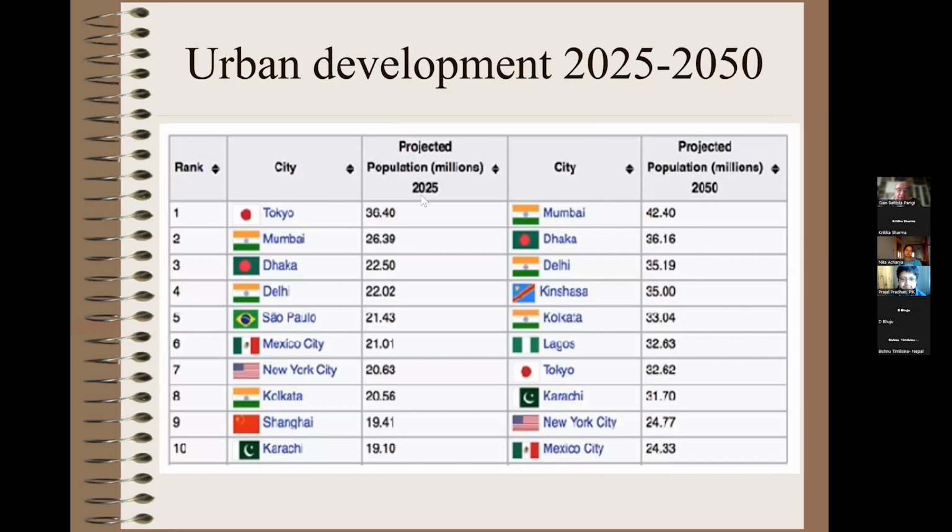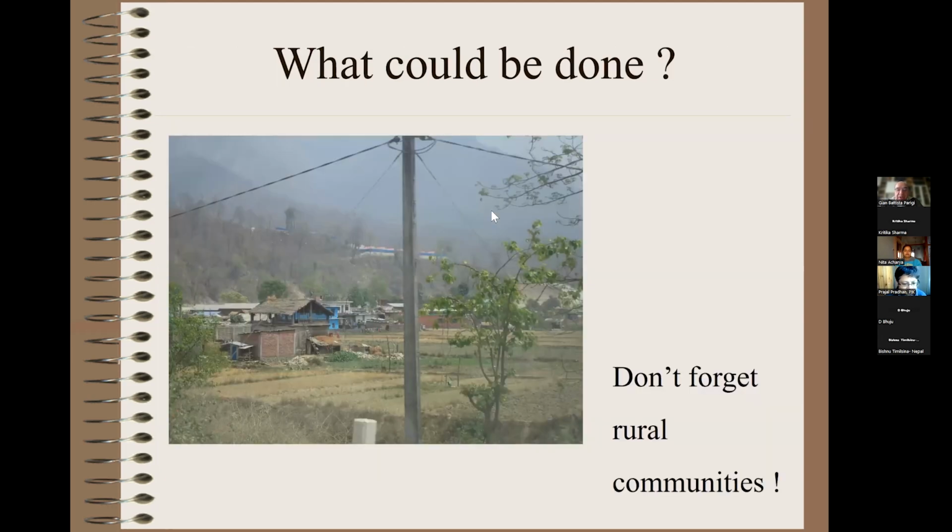Now, the situation more or less this year, 2025, and you see that many of these cities are in your countries: Mumbai, Dhaka, Delhi, Kolkata, Karachi. In 2050, Mumbai is projected to have 42 million, Dhaka 36, Delhi 35, Kolkata 33, and so on and so forth. And therefore, this will entail a lot of problems of air pollution, urban pollution, and so on and so forth.